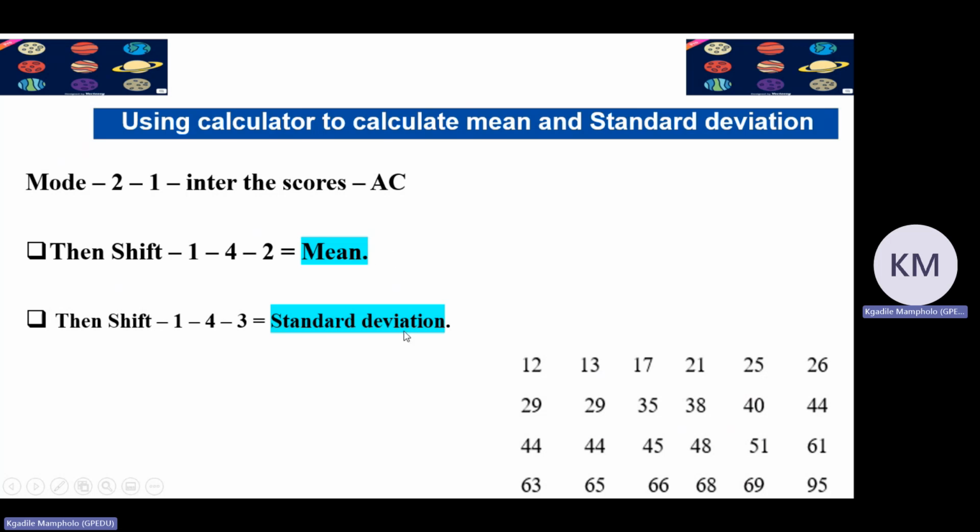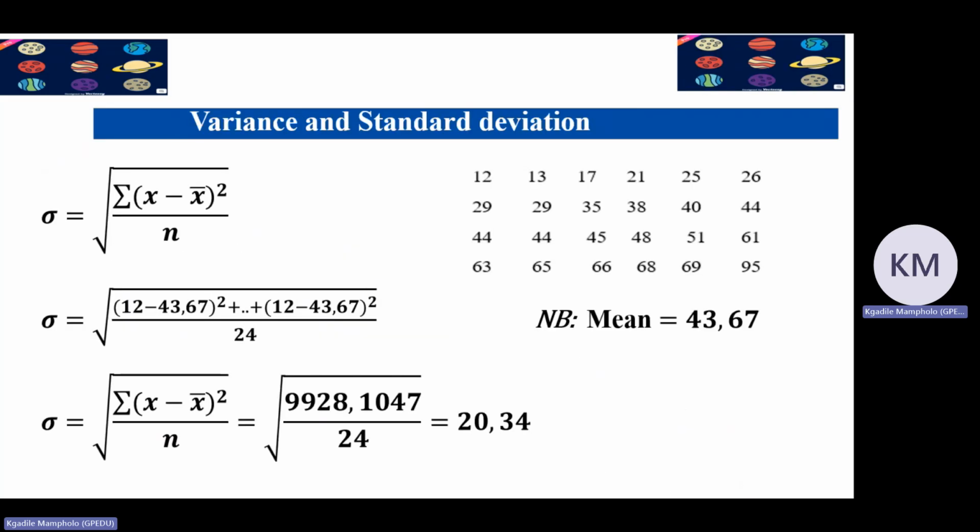To get the standard deviation, you go back to shift, press 1, press 4, press 3, and then press equals. The answer you get will be the standard deviation. If you use a calculator, you'll see that for the mean you get 43,67, and for the standard deviation you get 20,34.